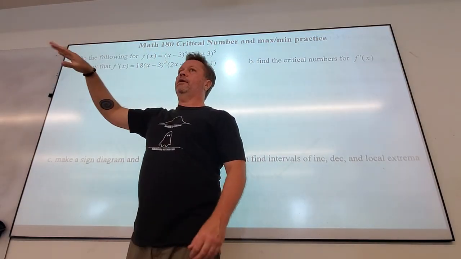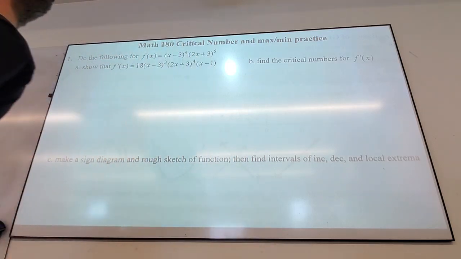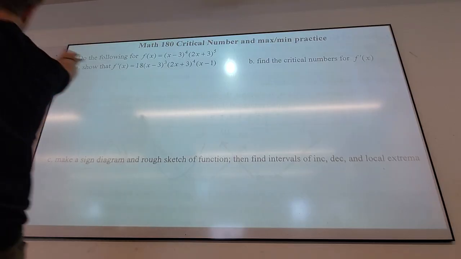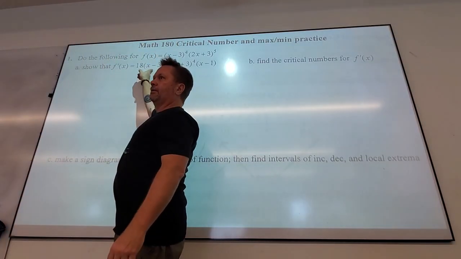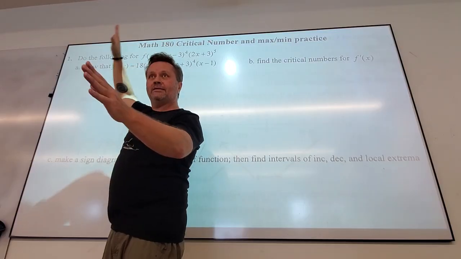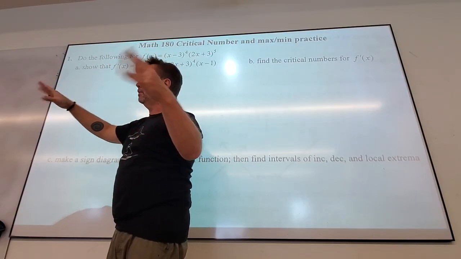So a while back I realized it's really evil since every other part of this question is reliant on the correct derivative. If you just don't do the derivative right, or you're not even sure how to do it, you can't do the rest of the problem. That's kind of evil. Then you lose like 40 points instead of whatever. So I tell you what the derivative is supposed to be. So if you can't do it, you can still do the rest of it. Yes? And I'm going to do that in a quiz, test, and so on.